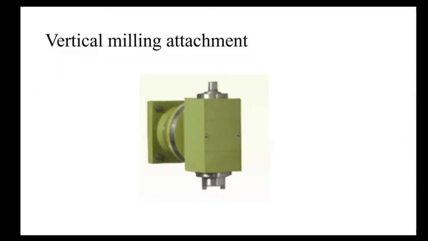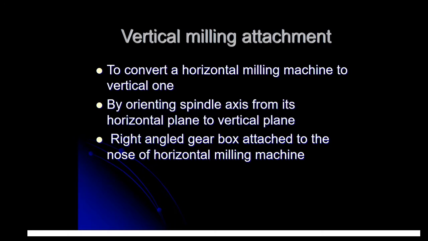First one is vertical milling attachment. A vertical milling attachment is shown in the figure. Sometimes a horizontal milling machine is to be converted into a vertical milling machine for doing some special operations. In that case, a vertical milling attachment can be used for this conversion.